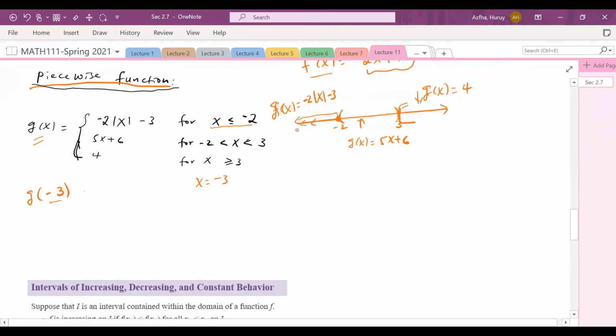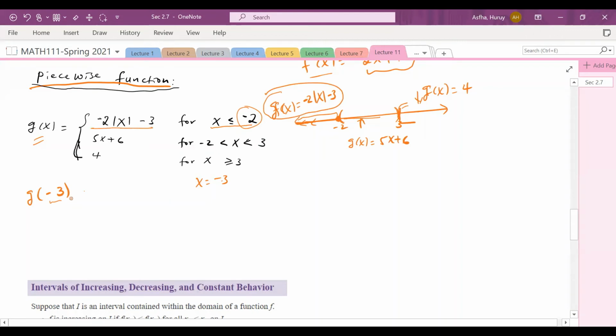Is it on this interval, or the last interval? As you can see, this is the first interval, because -3 is less than -2. Therefore, this value of x is in this interval. And in this interval, the definition of g of x is this one. Therefore, we take the first rule.